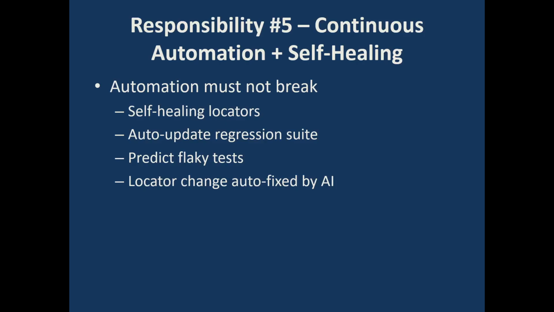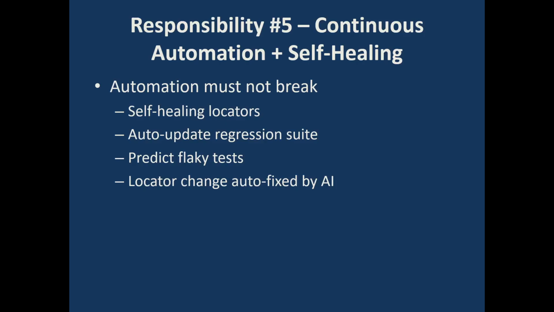If there is any change in the locators, self-healing occurs automatically, updates the regression suite, and predicts flaky tests. For example, if the add to cart button ID changes, AI fixes this locator automatically. That is called self-healing locators.